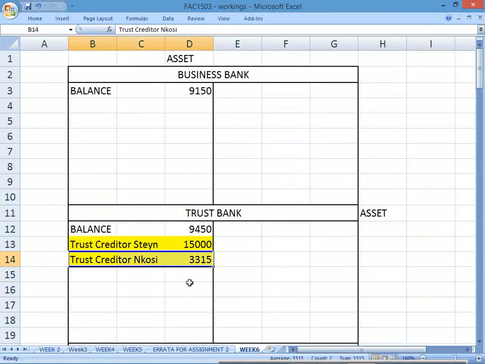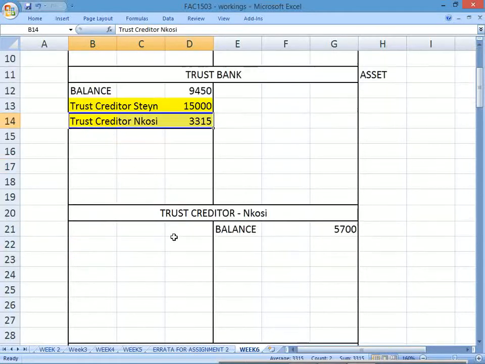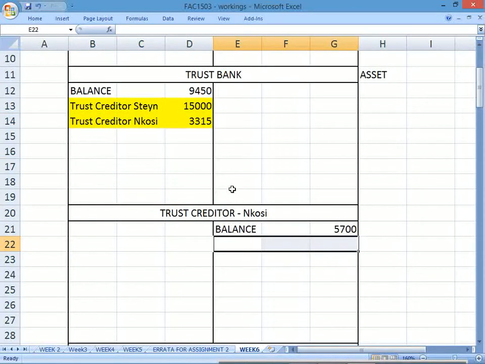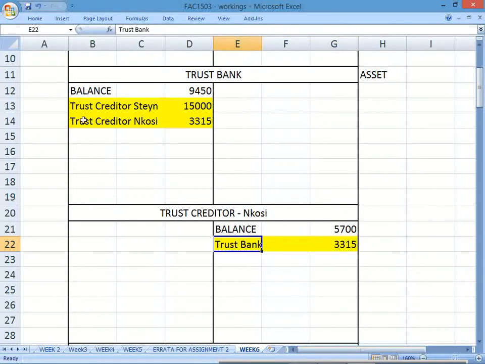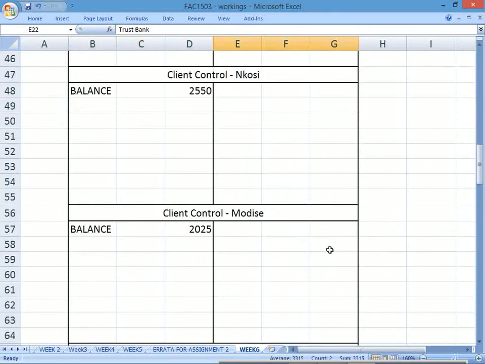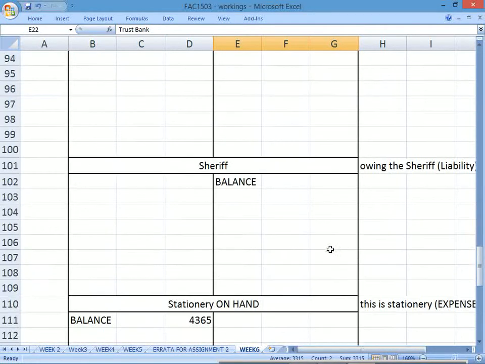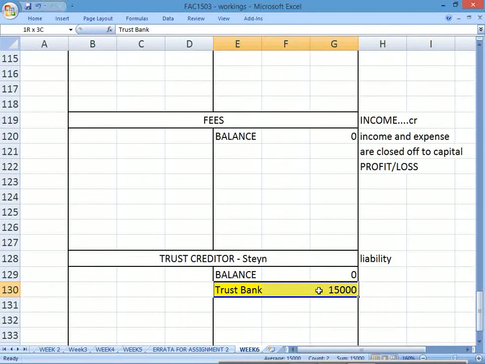So I debit the trust bank, there it is, and I credit the trust creditor. Make sense? Okay, 3315. Highlight those two figures. Right, so now I know I've done it correctly because I've got debits here, and I've got a credit there, and I've got a credit down here. There it is. Okay.